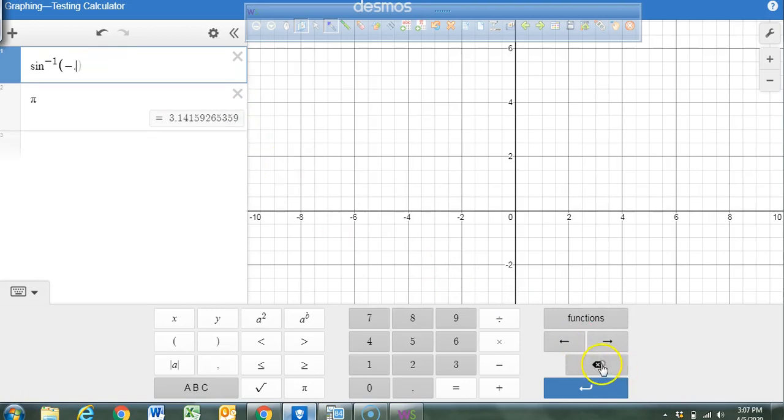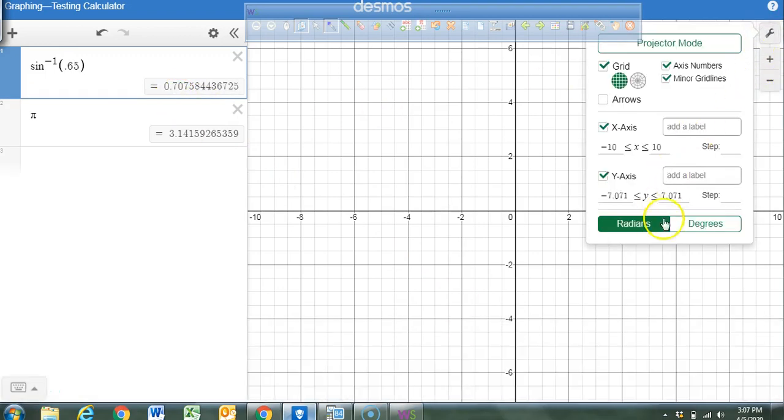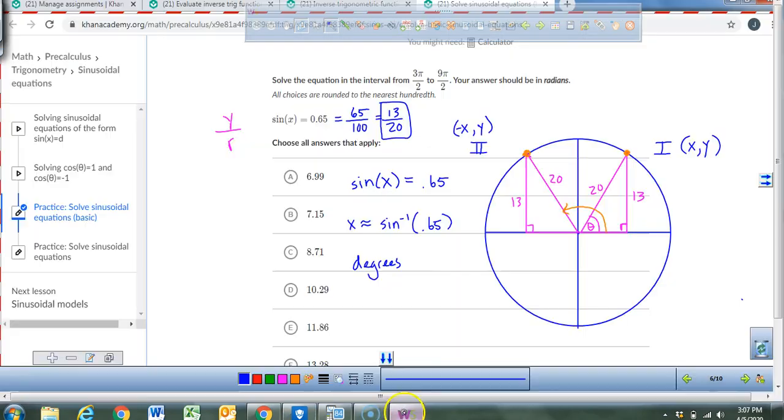Inverse sine of 0.65, I get, but that's in radians now. In degrees, that would be about 40.54 degrees. And there we are in radians. So right over here, that's approximately equal to 40.54 degrees. That's our first one. If I say theta, that's our first theta right there, 40.54.